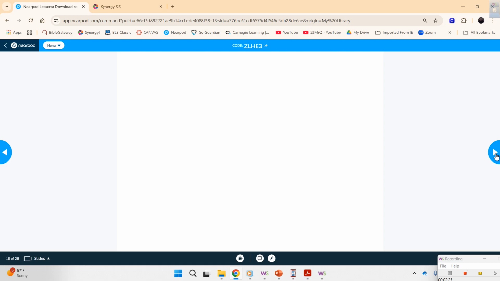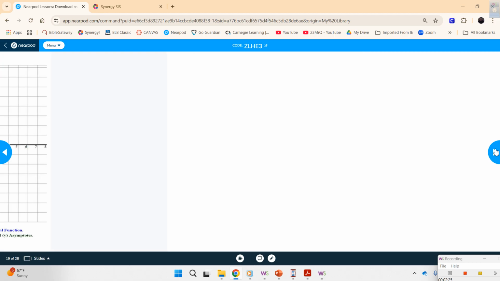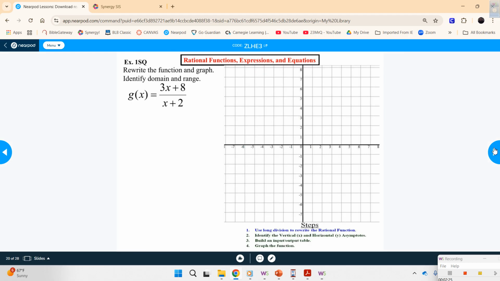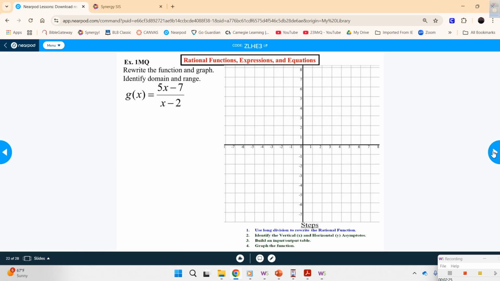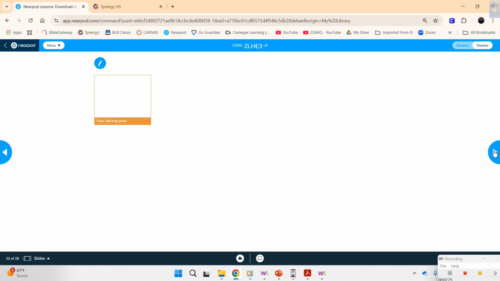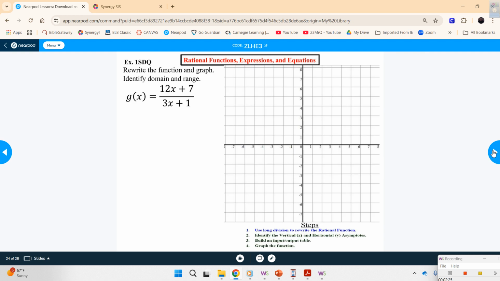Right now we're in the middle of vertical asymptote and horizontal asymptote. We did the simple ones for a couple of days, then we went to these for a couple of days. Then yesterday we started with these. Is that correct? Yes. And then we did some more of those, and then we ended up, I think, with this one. Is that correct? Check your notes really quick.